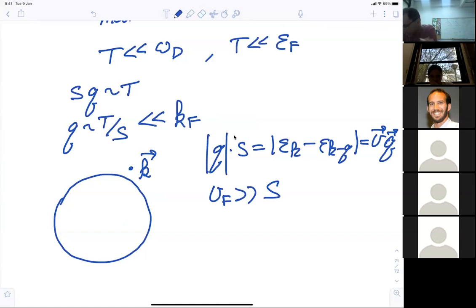There is a Fermi velocity, which is essentially k Fermi over m. And there is this product, v times q, and it needs to be equal to the product q times s. So what does it tell us?